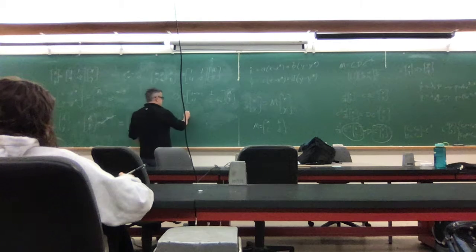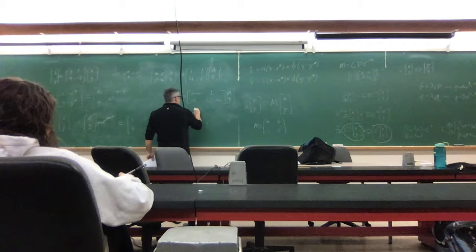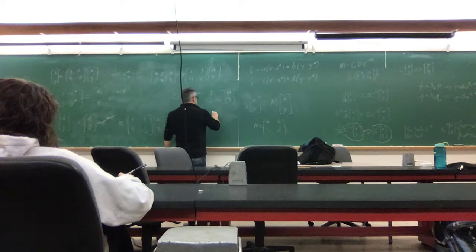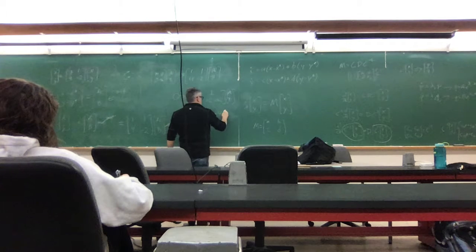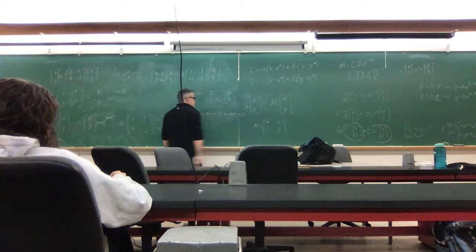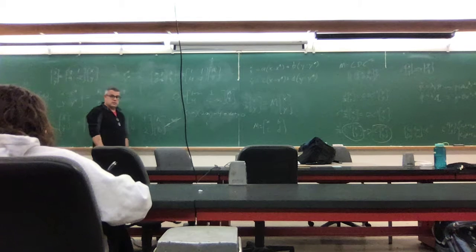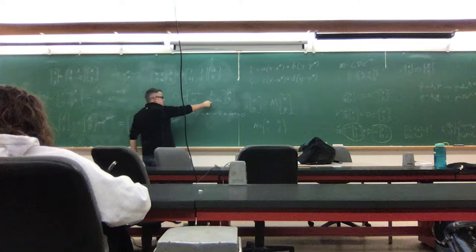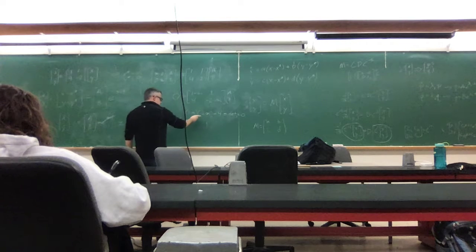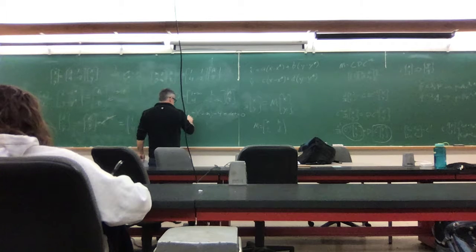So what's the determinant? 1 minus m times minus 2 minus m, minus 4, equals my determinant, which I want to set to 0. Everybody got that? I just did this one times this one minus this one times this one. Okay, so divvy this out, what do I get?